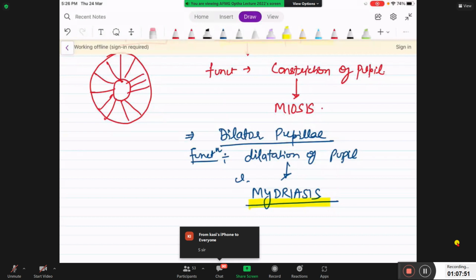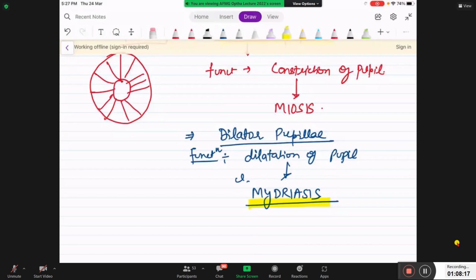So that is called as mydriasis. Now write down the nerve supply of meiosis. We will discuss about meiosis. Meiosis means constricted pupil, right?